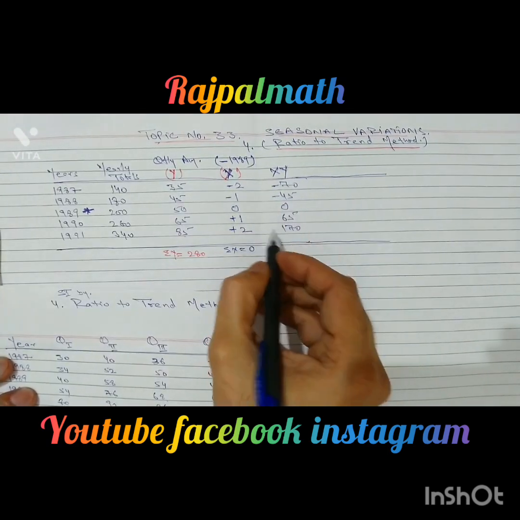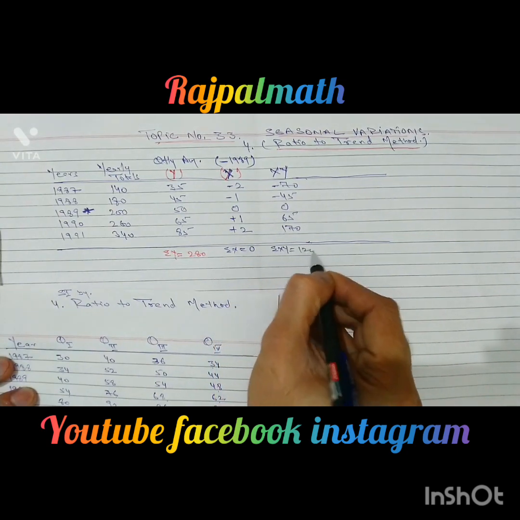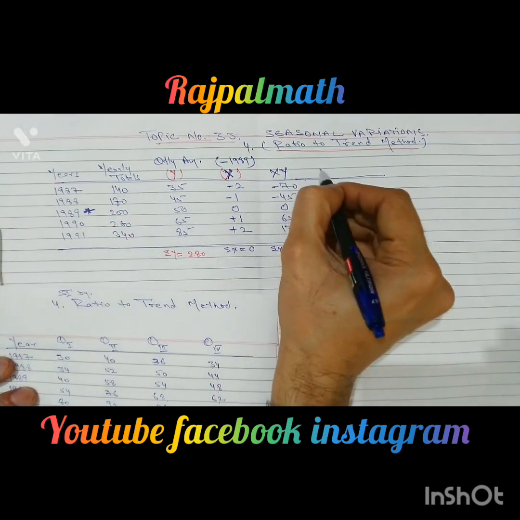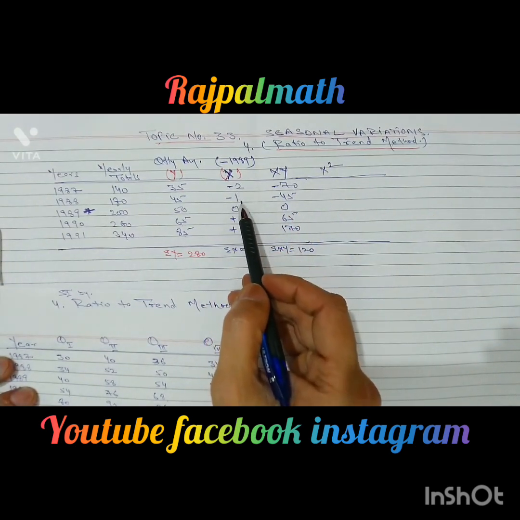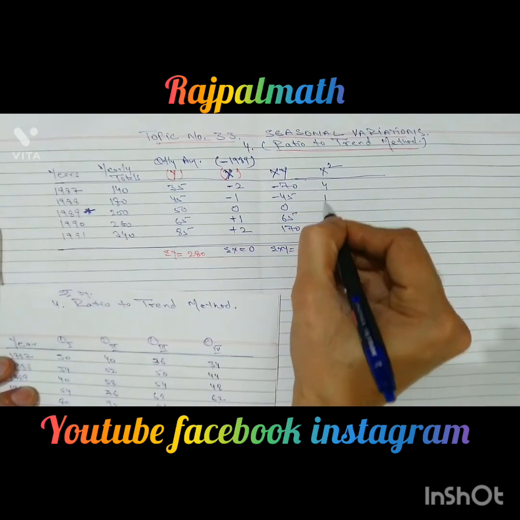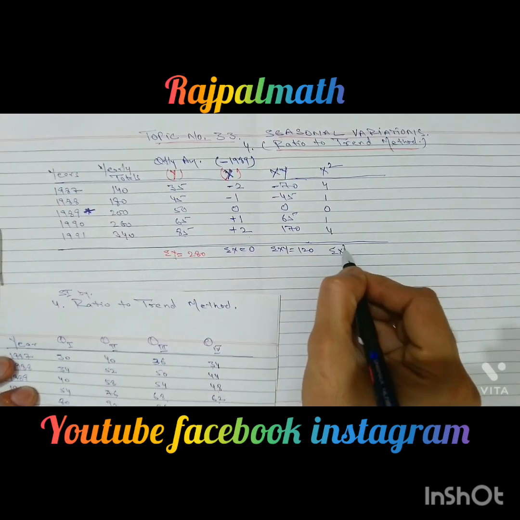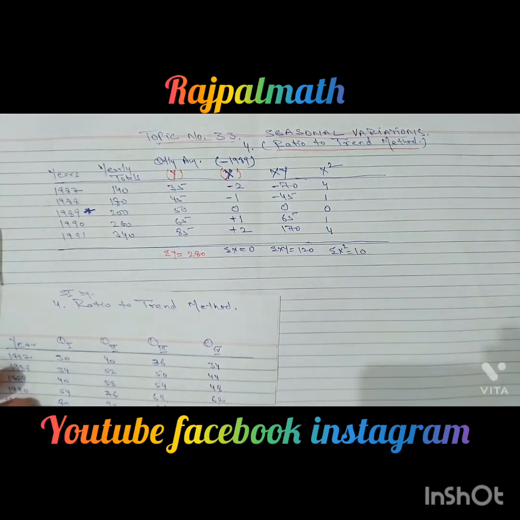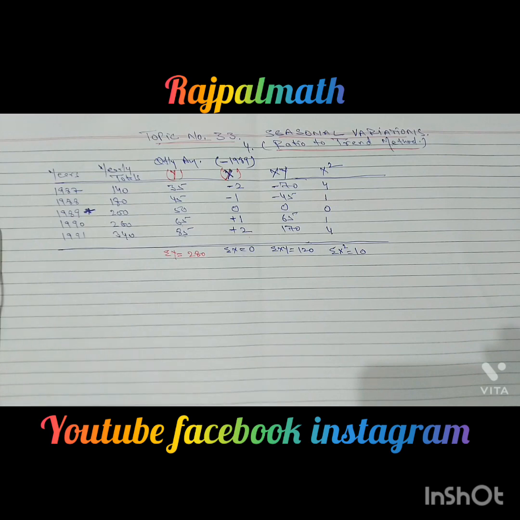By adding all this, we get summation XY equals 120. Now find X square. 2 square 4, 1 square 1, 1 square 1, 2 square 4. Summation X square equals 10.